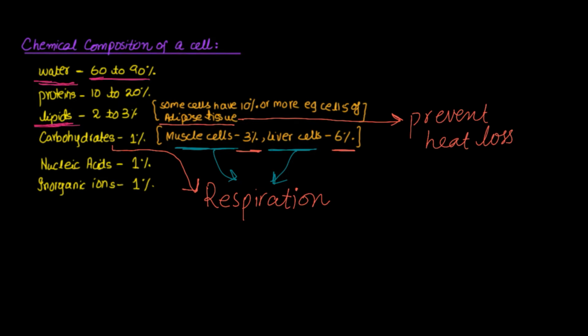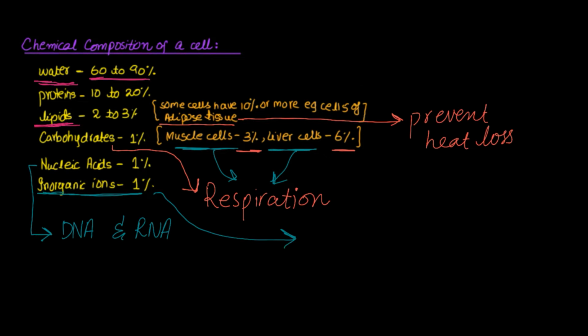Then we have nucleic acids. Now what are nucleic acids? We'll do that later. But for examples of nucleic acid, we have DNA and we have RNA, ribonucleic acid and deoxyribonucleic acid. And the last thing is inorganic ions. Inorganic ions constitute 1% of a cell.